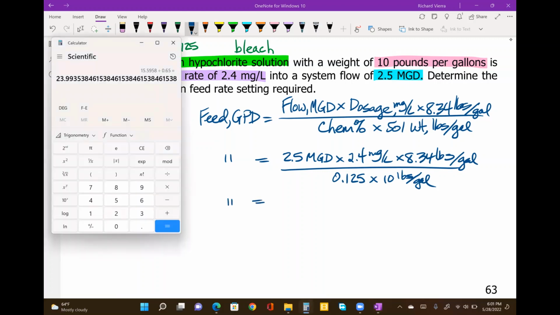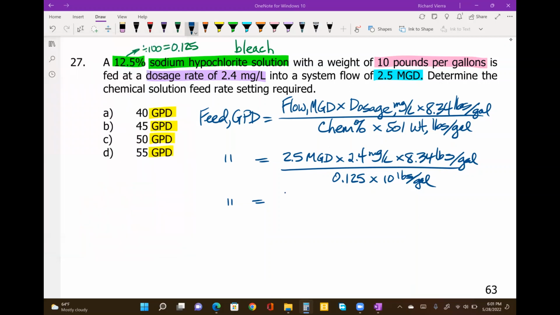Okay, so 2.5 million gallons a day treated at a dosage of 2.4 milligrams per liter. Multiply that times the 8.34 as well. It looks like we need 50 pounds of chlorine each day.